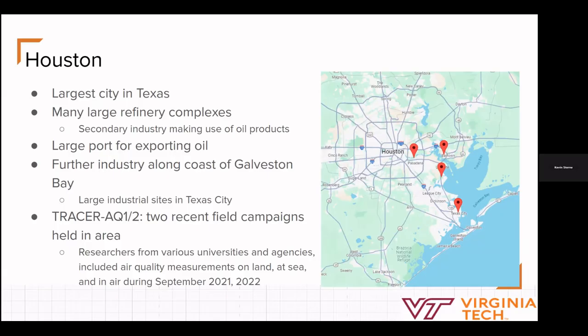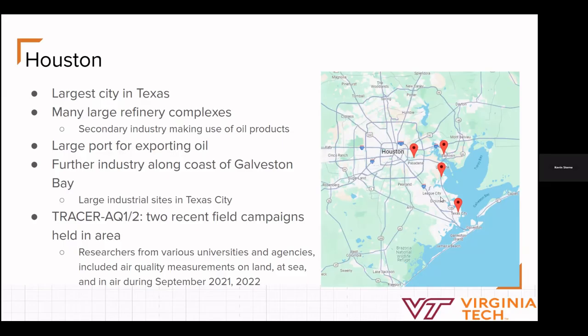In addition, directly south of Baytown, there's the large Port of Houston, which is responsible for exporting this oil and other products, both across the nation and across the world, leading to large amounts of large container ships being present in this area.